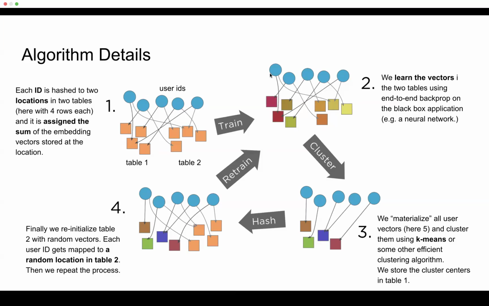Basically go through each of them and compute its vector as this sum. And then when we have this huge table with all of these vectors, we apply clustering, like k-means clustering, like we said, and we get a smaller table here. Maybe we get these 4 vectors if it's this very small example. And most importantly, we get some special assignments.